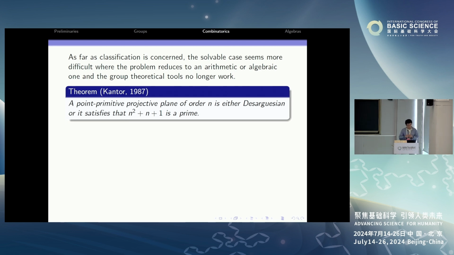In 1987, Kantor showed that a point primitive projective plane of order n is either Desarguesian or it satisfies that n squared plus n plus 1 is a prime. In the latter case, the group is a Frobenius group. It is a very long-standing conjecture that the last case does not occur. Yeah, it's very difficult. I thought about this problem, but I did not make progress.